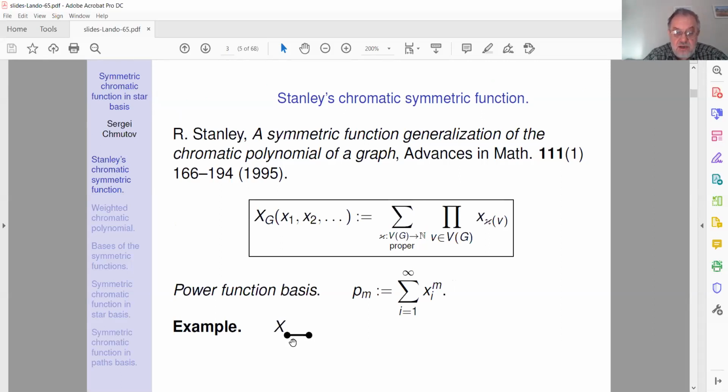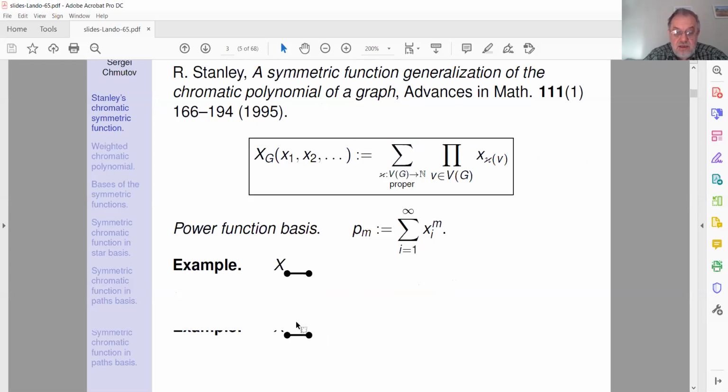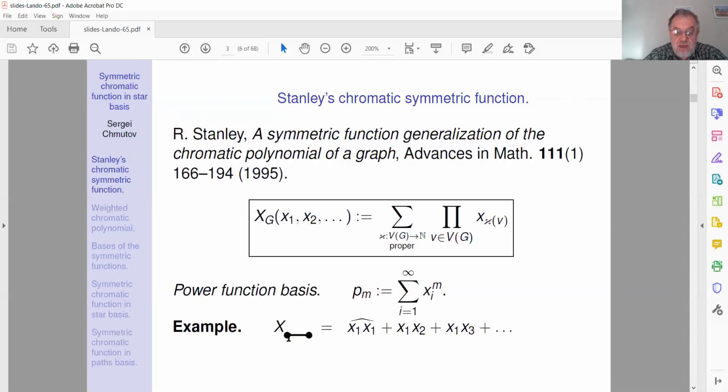Then I can color one vertex, say by 1, and the second vertex I need to color by something other than 1, since 1 is forbidden, so I have to drop this term. But I can color the second vertex by 2, 3, and so on, but not 1. That means here I omit this term.